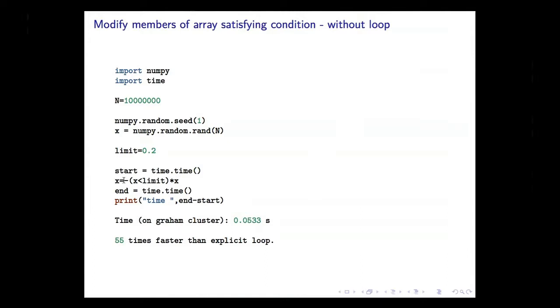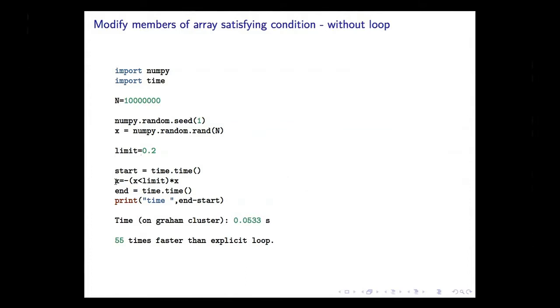So this array, minus x less than limit, will generate zeros for all the situations where this condition is true, and 1 when it's not. If I multiply the elements by 1, nothing changes, which is what I want, and if I multiply them by 0, they become 0.